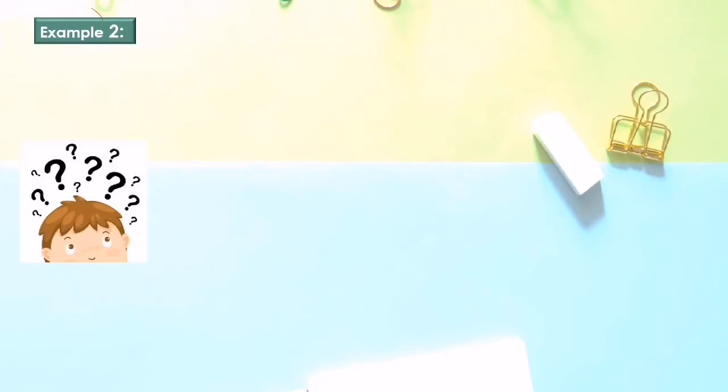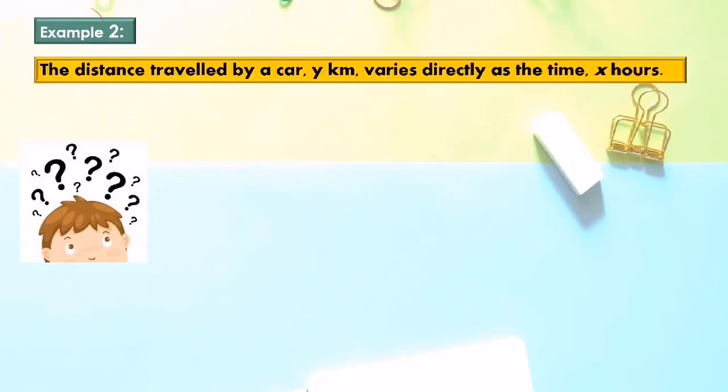To know further, now you look at example 2. The distance travelled by a car, y kilometer, varies directly as the time, x hours. We can write as y varies directly as x. So this is the symbol varies.